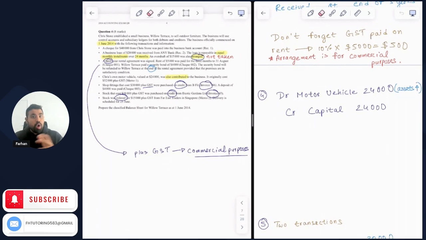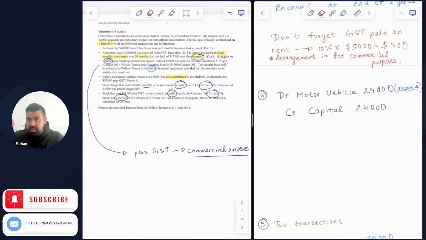But today, on 1 June 2014, Chris decided to contribute his personal motor vehicle into the business. So this means that Chris has contributed some motor vehicle in the form of capital. But whatever Chris paid when Chris first bought it for personal use is not relevant at all in this case because of the business entity assumption.